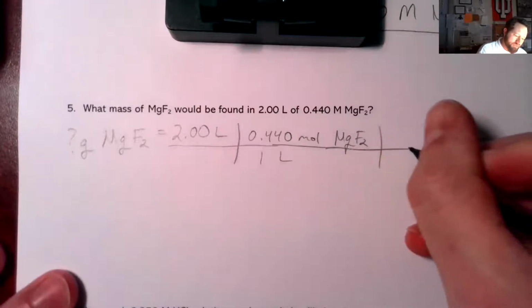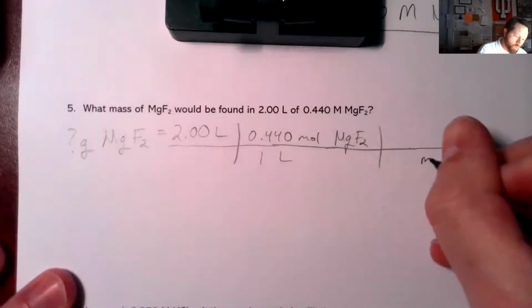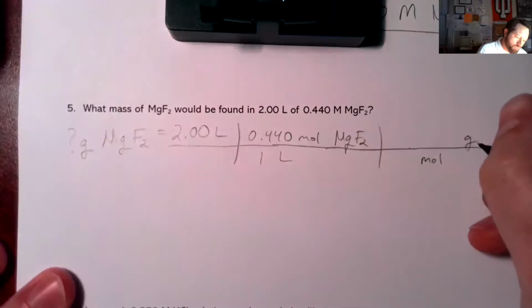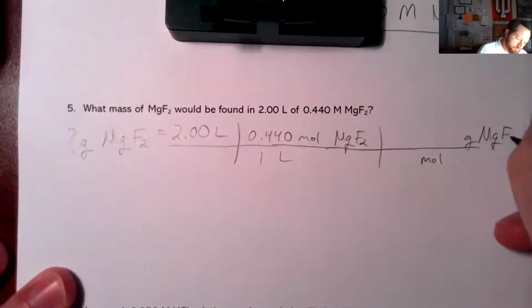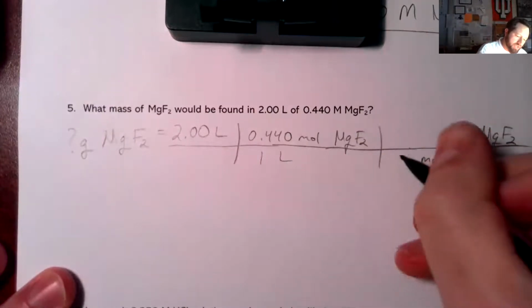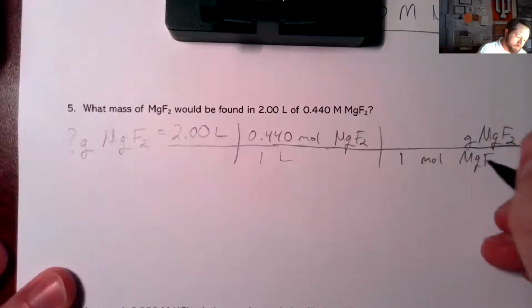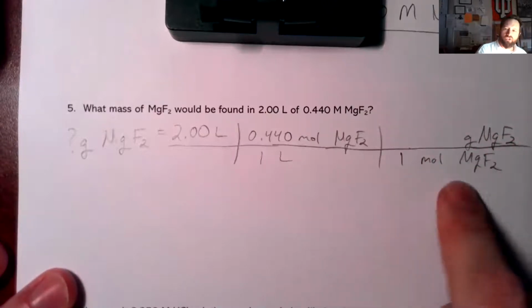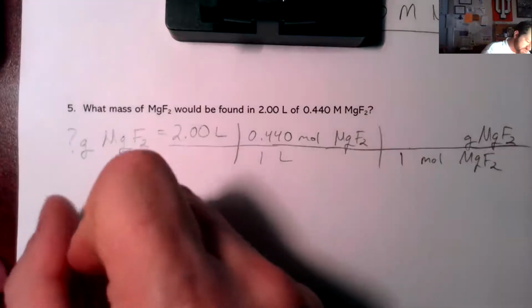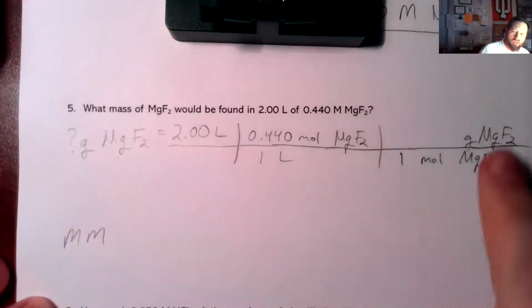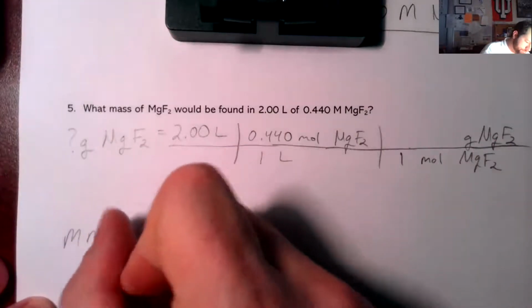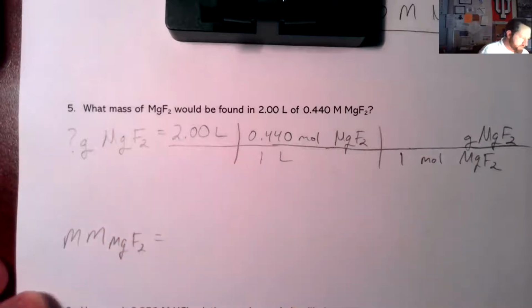And then next, I need to go moles on bottom, grams on top. For this, I'll need a periodic table, and I'll need to crunch the numbers of the molar mass of magnesium fluoride. So good thing we have one of those pretty readily available. I'll need one magnesium.